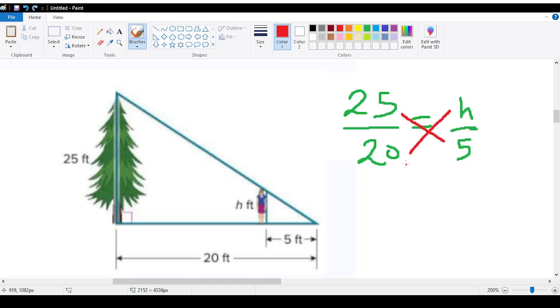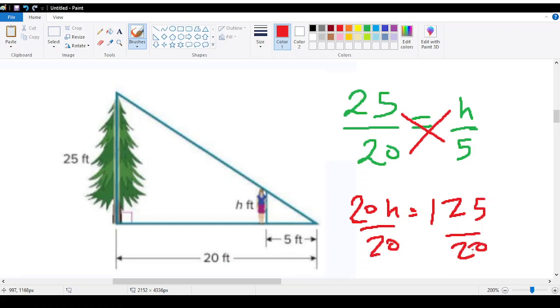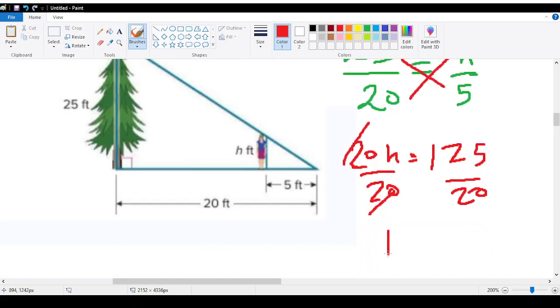Multiply. Yalla. 20 times h, and then 5 times 25, 125. Now I will divide on what? By 20. 20 divided by 20 cancels out. So 125 over 20. Divide by 5 gives 25, divide by 5 gives 4.